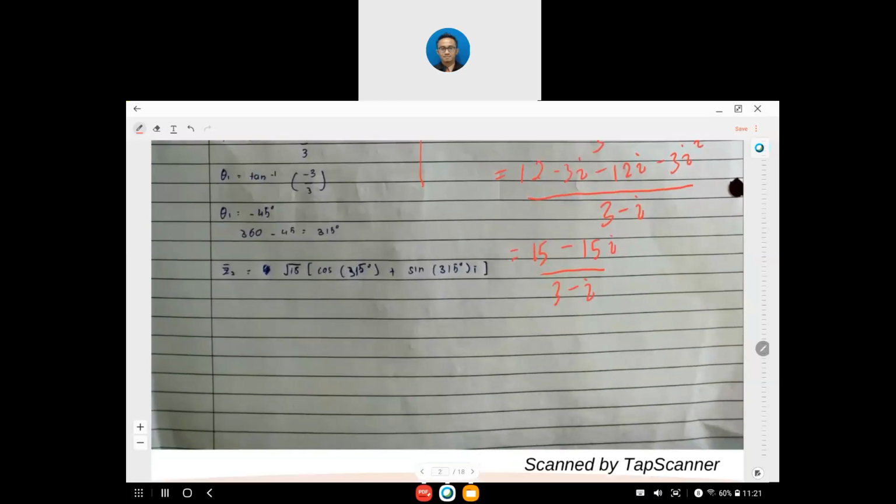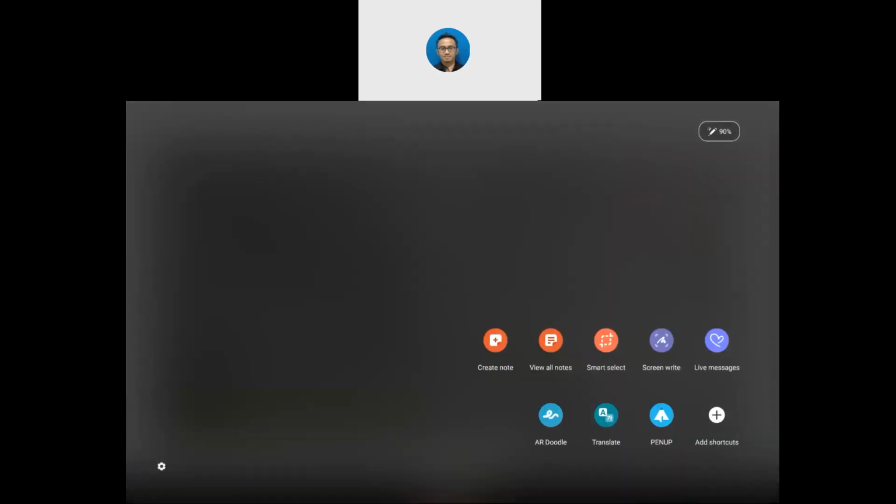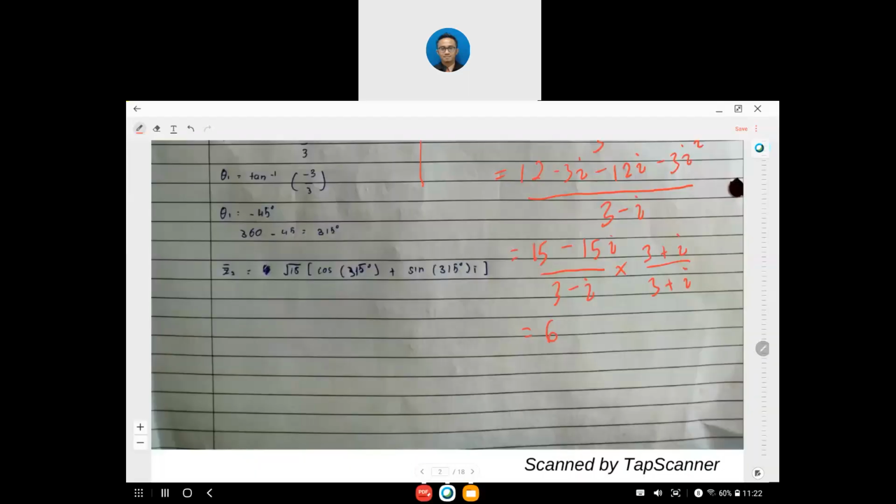Okay. And then this one times by conjugate. You can get 3 plus I divided by 3 plus I. When you solve this one, you can get 6 minus 3i.